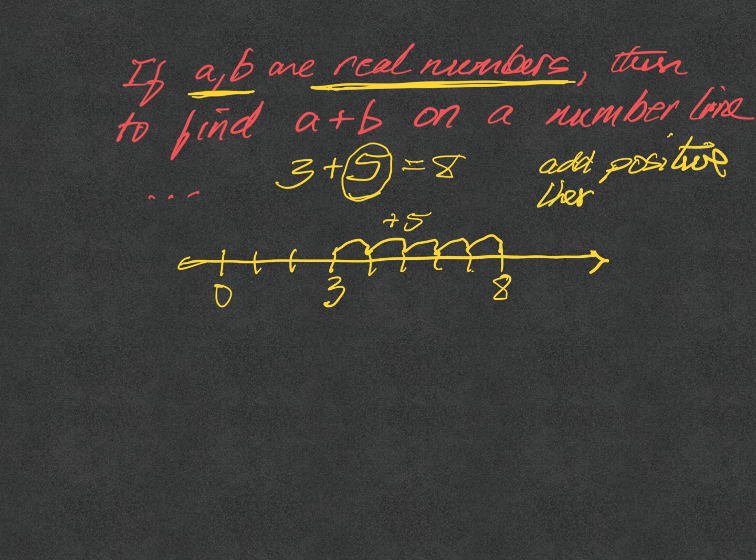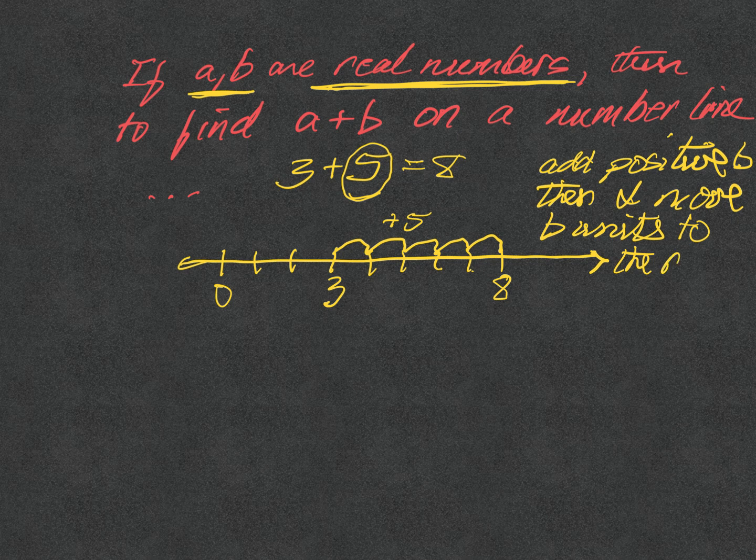If I add a positive B, then I move B units to the right from A. So you always start at the first number, A, and then you move this many units to the right on the number line. And that's how we can use the number line to naturally add numbers. That's why the number line is a great way to visualize numbers.